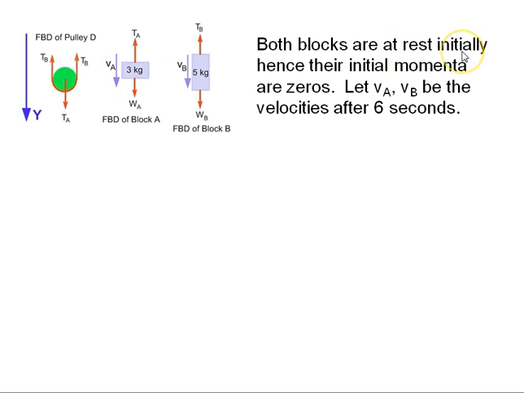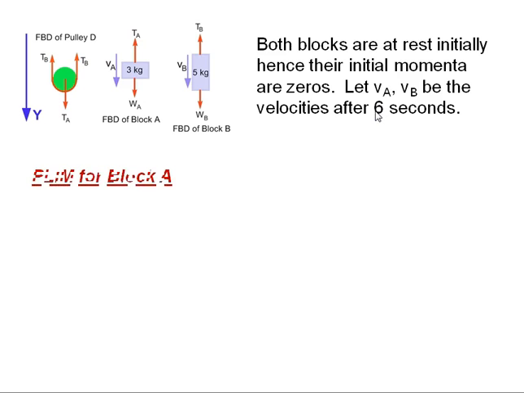Both the blocks are initially at rest, so velocity of block A initially is 0, velocity of block B initially is 0, and our time interval is: initially time t is equal to 0 is the initial point, time t is equal to 6 is the final time. Let VA and VB be the velocities after 6 seconds.